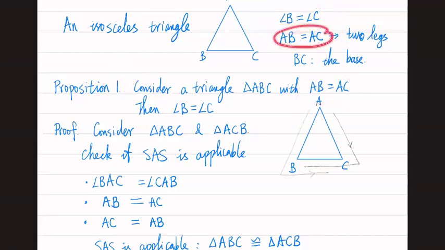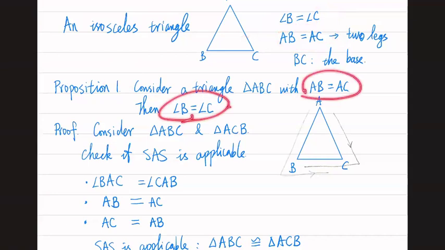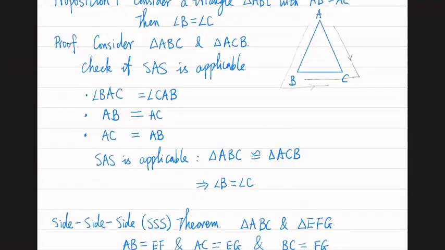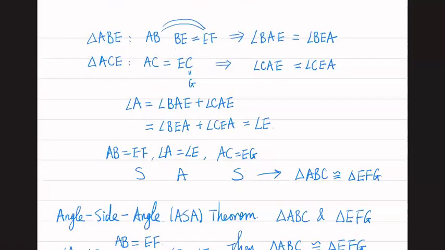If we can verify this, then this condition follows automatically. So this one follows from this one. Now we go the other direction. We say this, if we have this condition, equal angle also gives us equal sides. Second proposition.